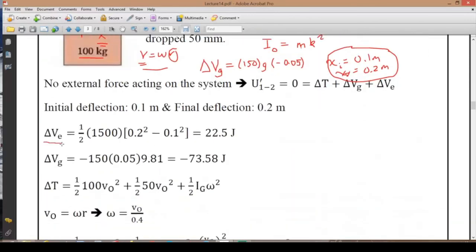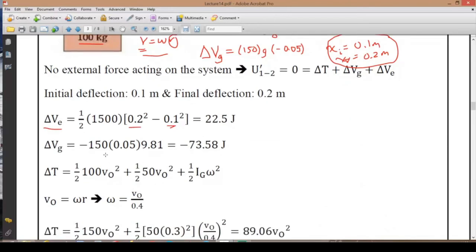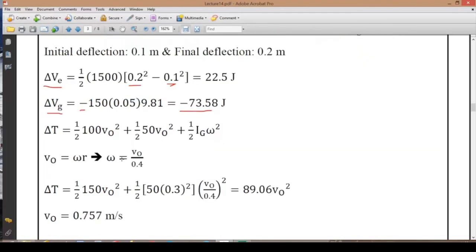This is the change in the potential energy due to elasticity, with the initial and final conditions for the stretch. Then the potential energy has a negative sign because we are dropping, so this is the term for the potential energy due to gravitation.